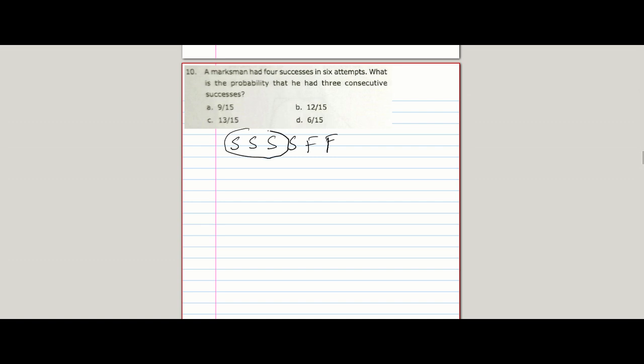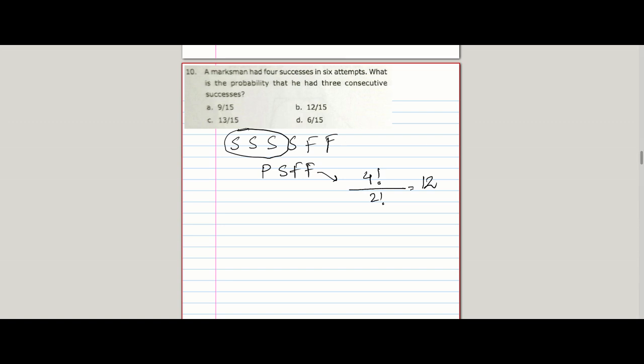Let's club together 3 successes and name it P. So P, S, F, F. So number of ways we can arrange this is 4 factorial divided by 2 factorial, which is 12, right?